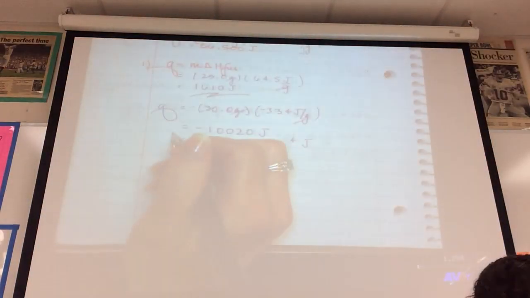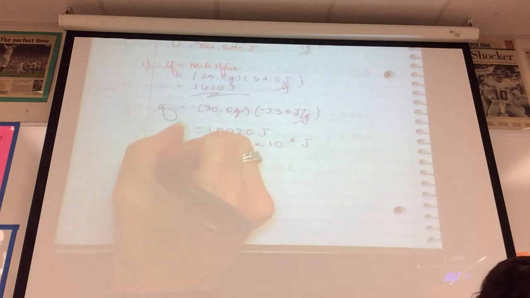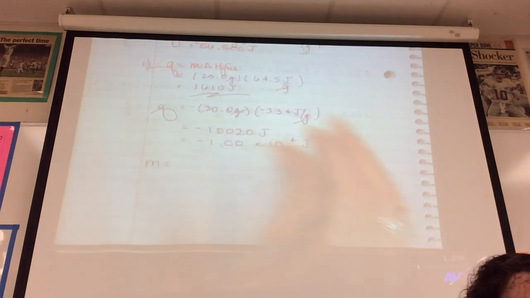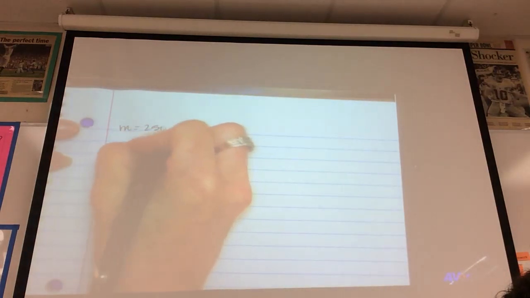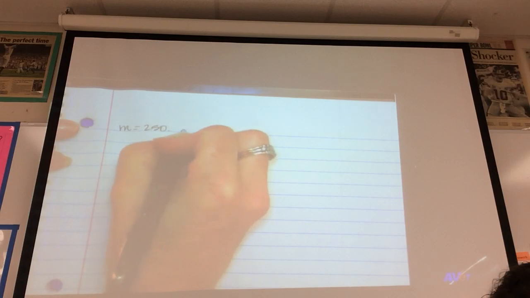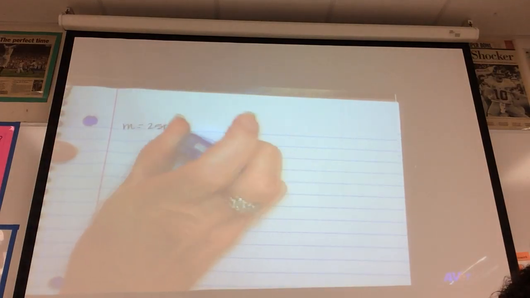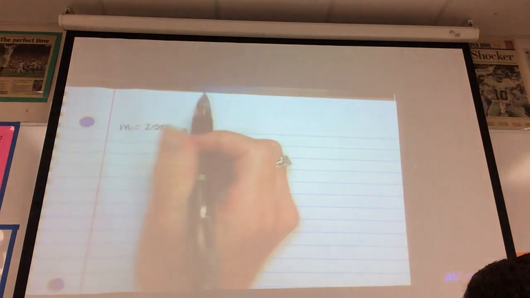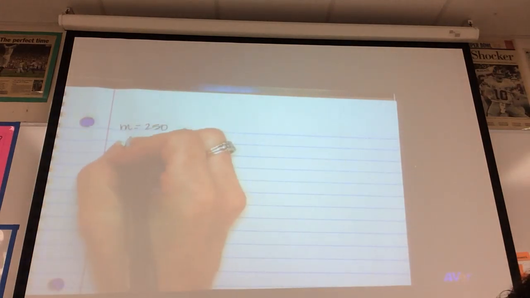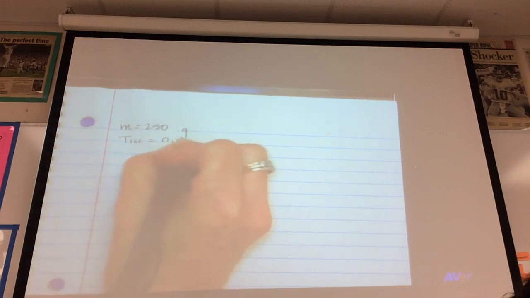So what we have here is we've got a mass. I think I'm going to need more room. I'm going to flip. We've got a mass of 250 grams. Actually, there is no decimal there. I stuck it in, but it's not in the problem. The temperature of the ice is 0 degrees Celsius.